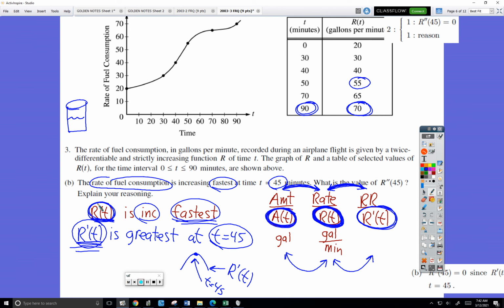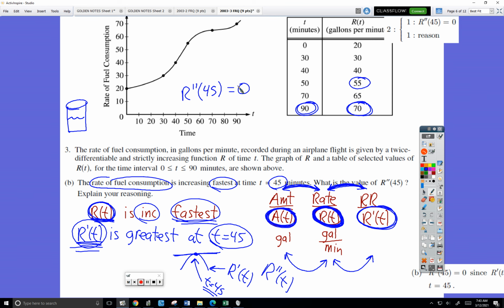So if R prime has a peak at time equal 45, R double prime is the slope of R prime. So the slope of R prime right there has to be 0. So the answer to this question is, at time equal 45, R double prime of 45 has a value of 0, like that.